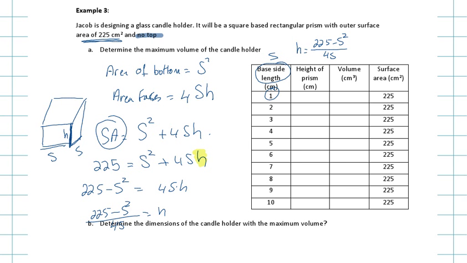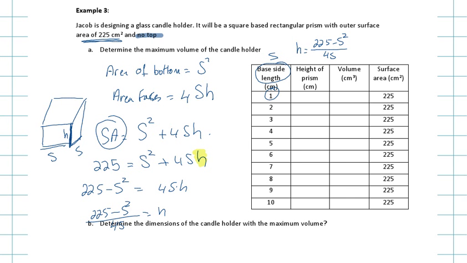Now, if I'm looking for the volume, what would be the volume of this? So we will put the side length and then we can solve the question. What's the formula? S squared plus 4SH? No, that's the surface area. What is the question? The volume formula.